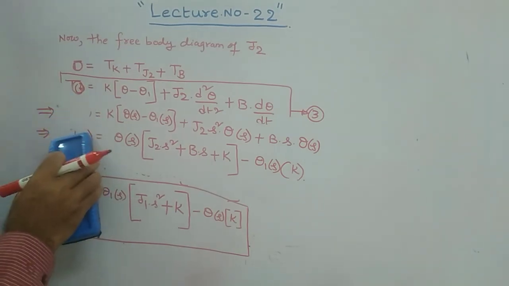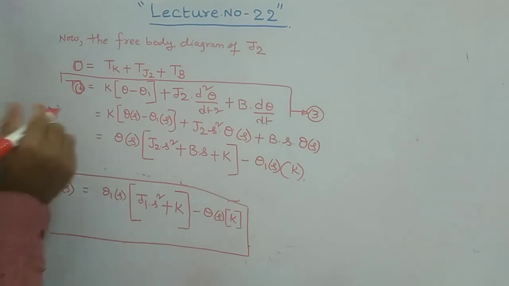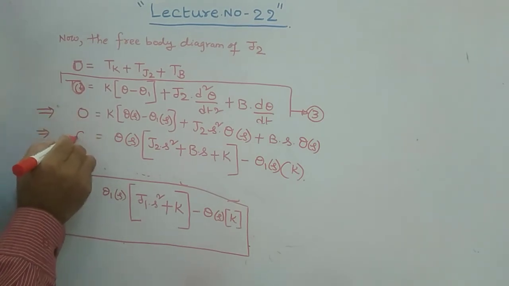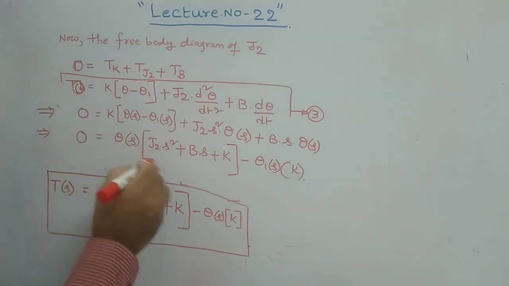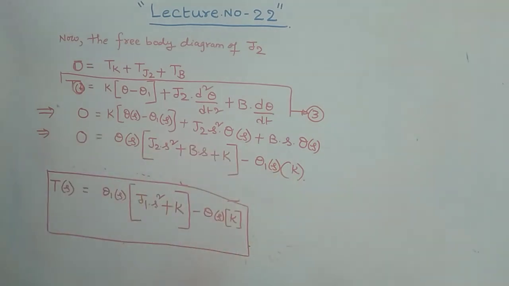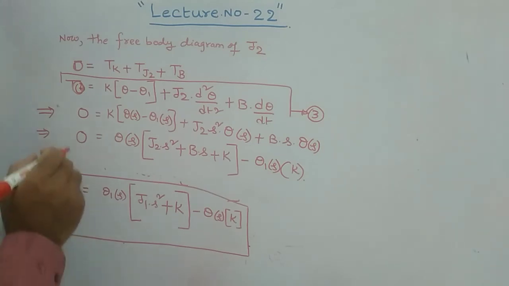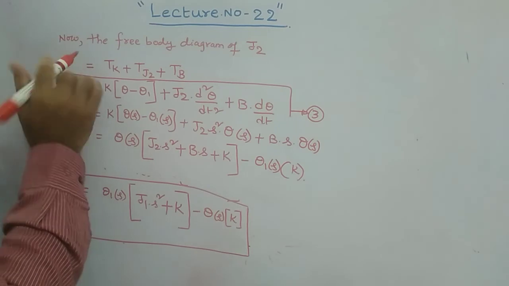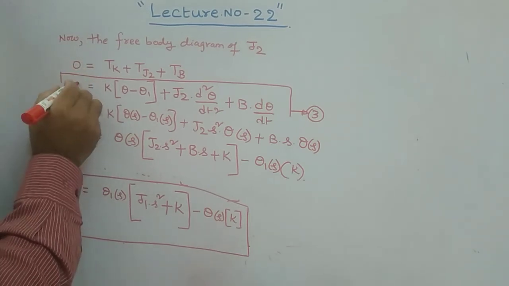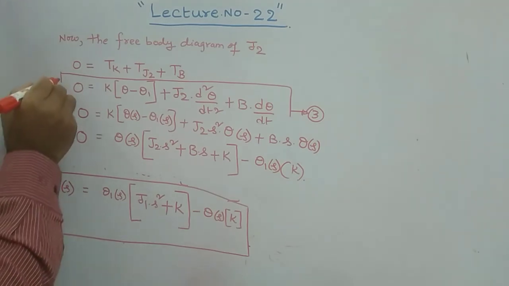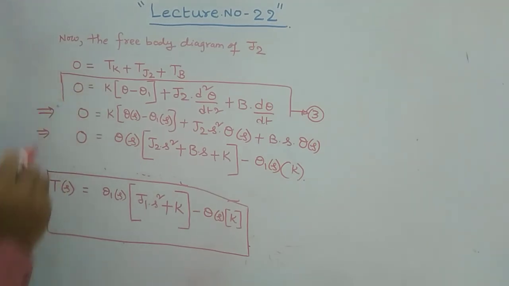Therefore, this entire thing is equal to theta 1 of S. Understood? It is 0 only because on the second block there is no torque now. Torque is 0 there. Okay.